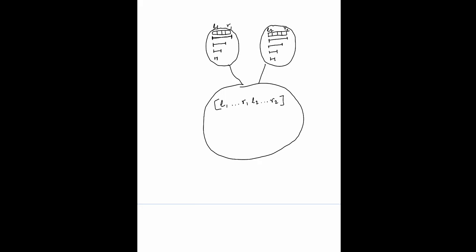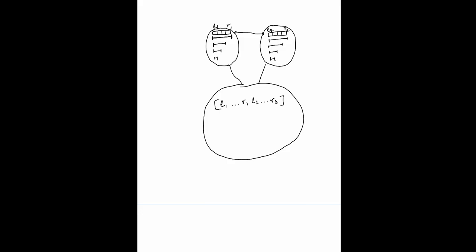That's the question. So now if you think about it, when you merge these two ranges, can you combine this prefix and this prefix together in the new merged range? No, you cannot, because once merged, this won't be a prefix anymore.